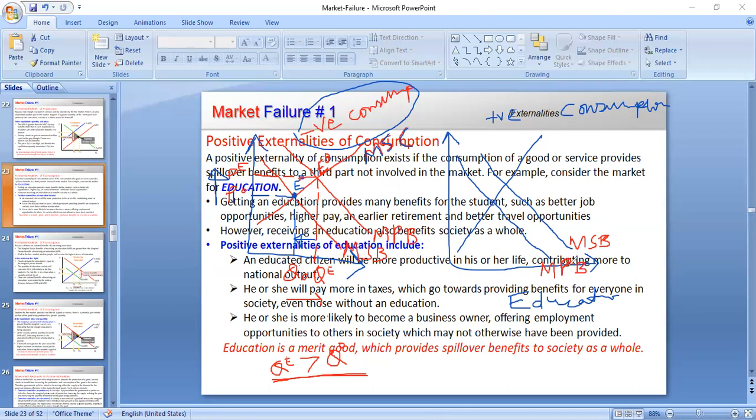All right? We are just interchanging the labeling, by the way. So if this is the marginal social benefit, the supply curve here, which represents cost, is going to be the marginal social cost curve. Then we look for the point of equilibrium, where the marginal social benefit meets the marginal social cost.